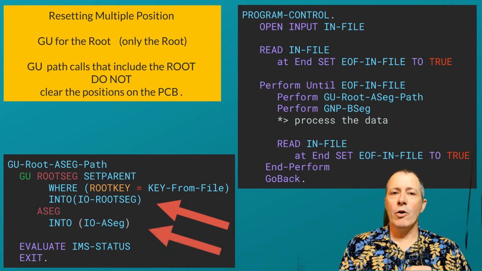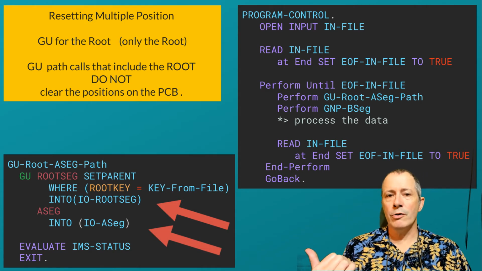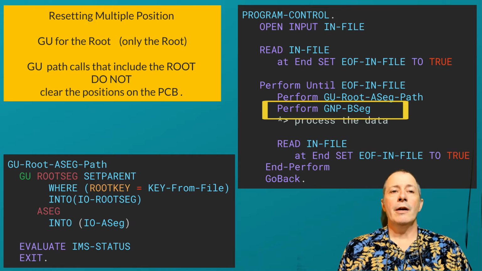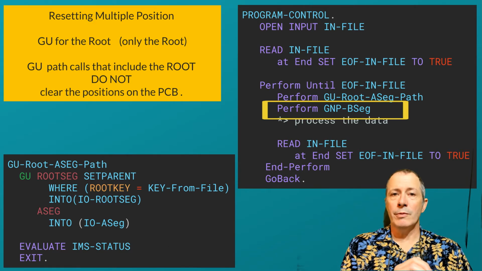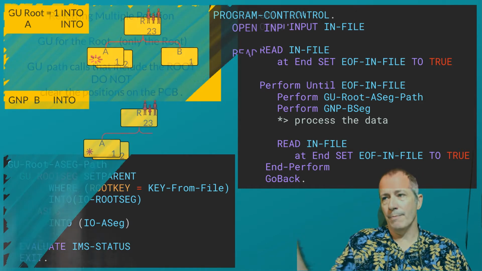Since this is a hierarchical call, the call does not clear the position for other hierarchic legs. Get next within parent calls might get a false GE status code if the same root is processed twice because the position is already on or past the segments that need to be read.